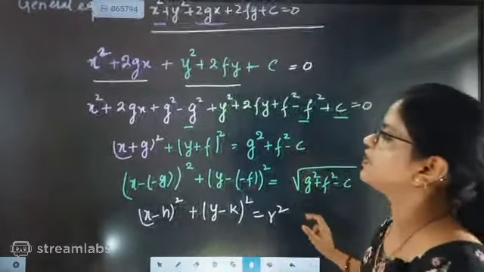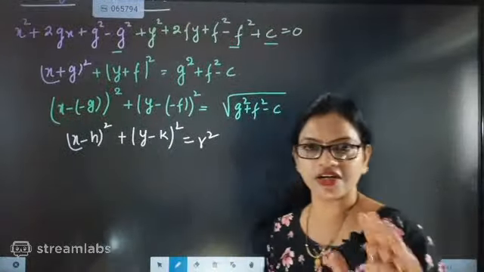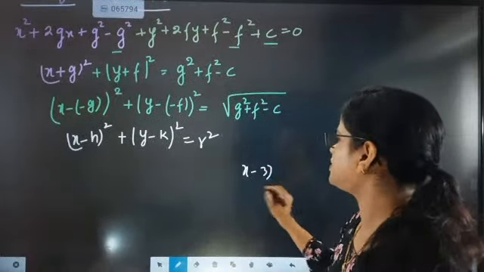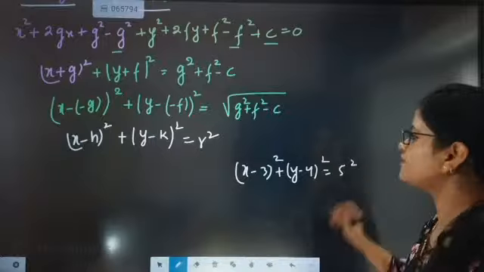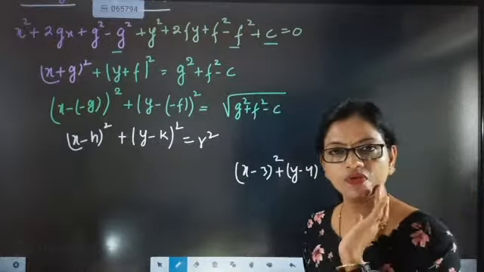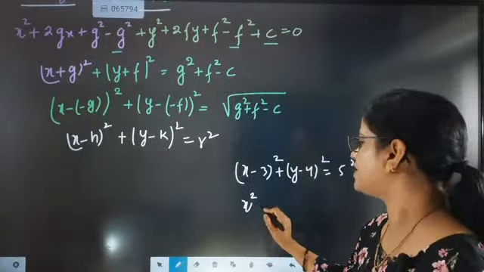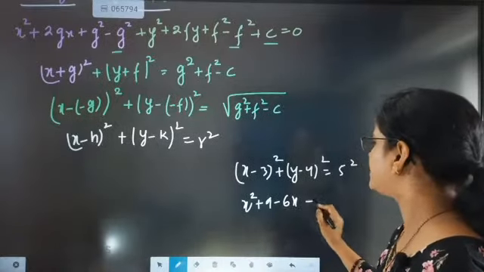Okay, when you were writing like this, just understand this part. x minus 3 whole square plus y minus 4 whole square equal to 5 square. You were getting the standard equation of a circle. Now after getting the standard equation, you were writing it like this.